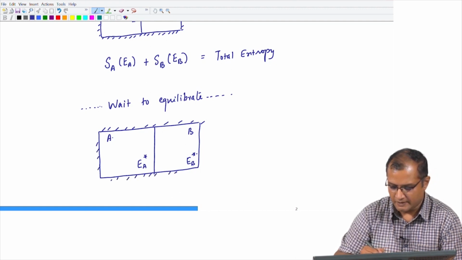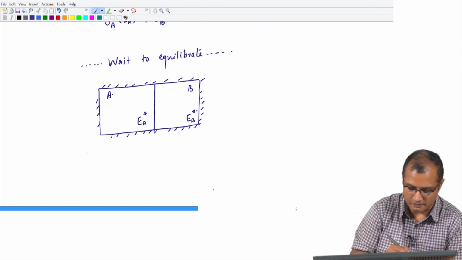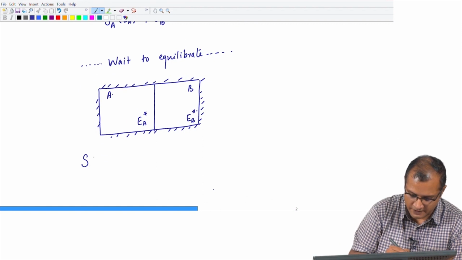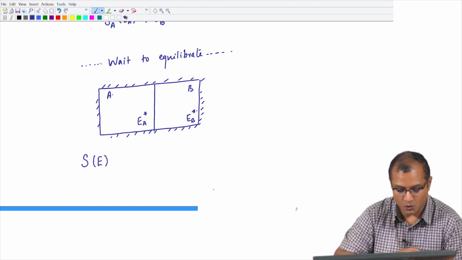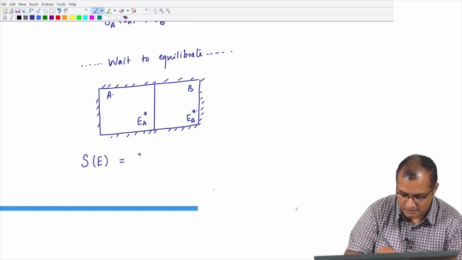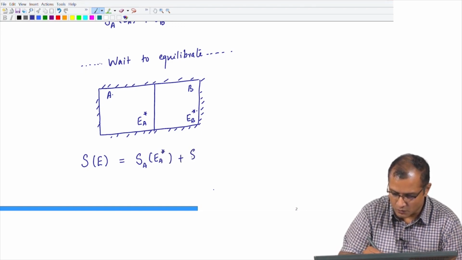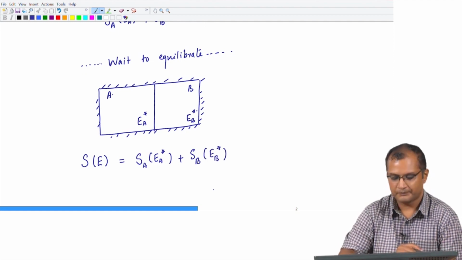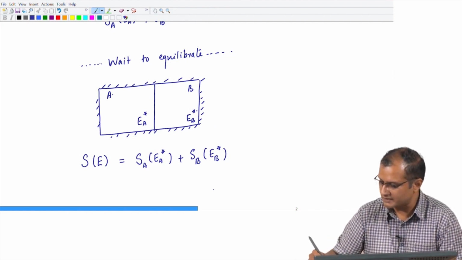And if I call this the equilibrium state of the joint system, I can write down the final entropy, which is S, the total entropy of the joint system with energy E, as the entropy of system A, which is now sitting at energy E_A star, plus the entropy of system B, which is now sitting at energy E_B star. And this is actually a state of maximum entropy.